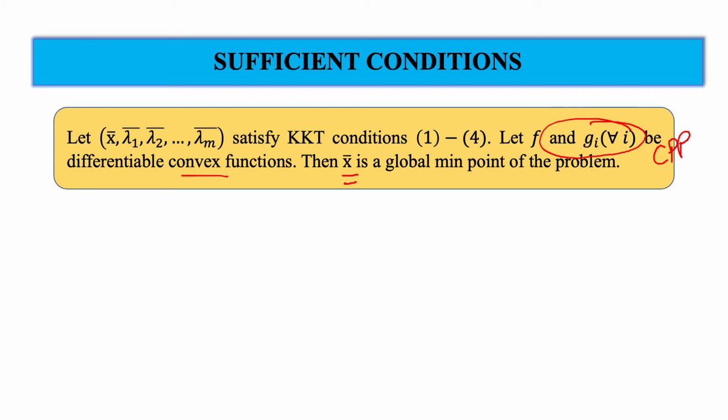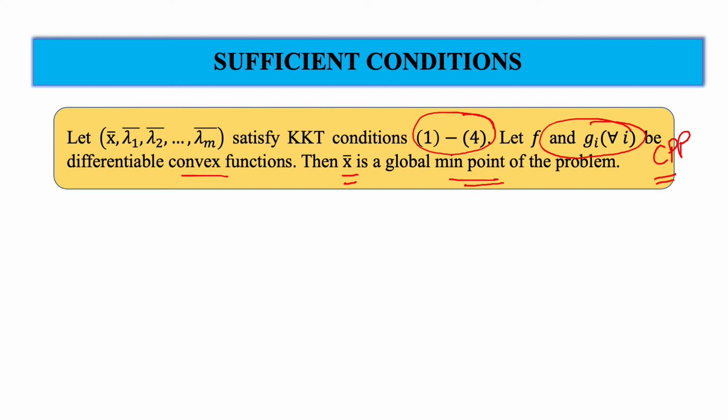So if these conditions hold for a convex programming problem, then the point x bar and lambda bars which we obtain by solving these conditions is always a global minimum point of this problem.